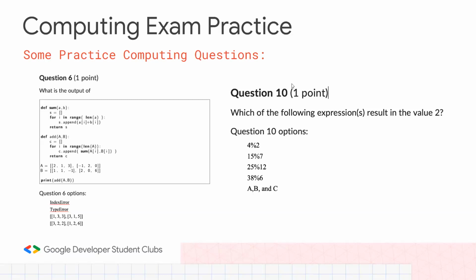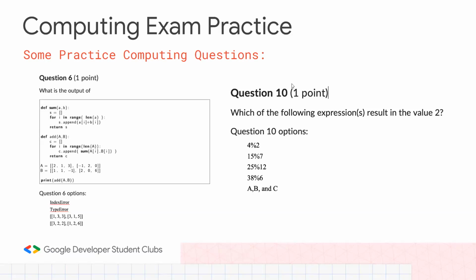Remember, it's two sublists within the list, so the length of A will be 2 in this case, because there are just 2 items in the entire list. So for i in range 2, you append the sum function, A at i and B at i.